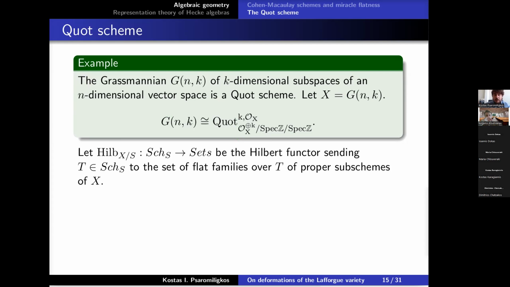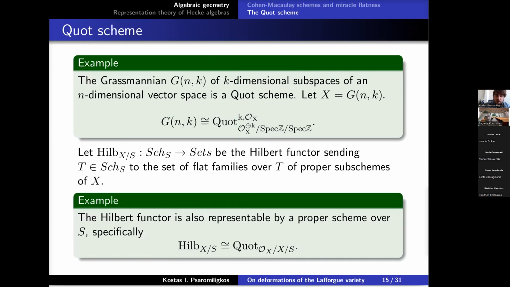And even in this generality, we have that it is also representable by a proper scheme, just by looking at the Quot scheme and inputting the structure sheaf in place of phi. Just because a closed subscheme, like in the affine case, will be defined by some ideal, and you can look at this as a quotient.